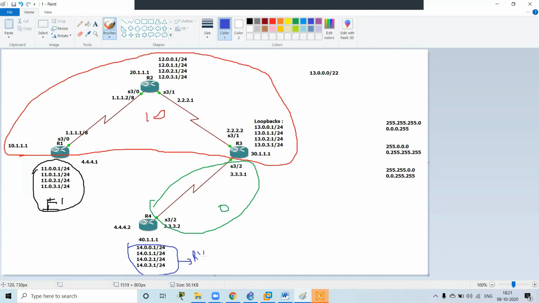What I've changed is just making the loopback of R1 go in EIGRP. Rest all the things are the same. Correct? Understood the plan?